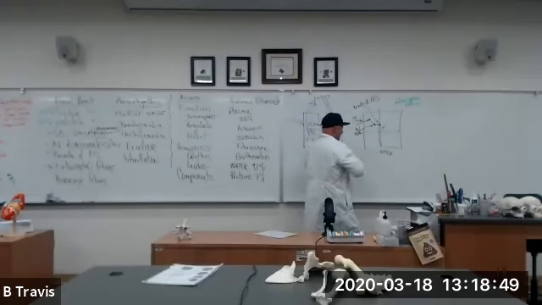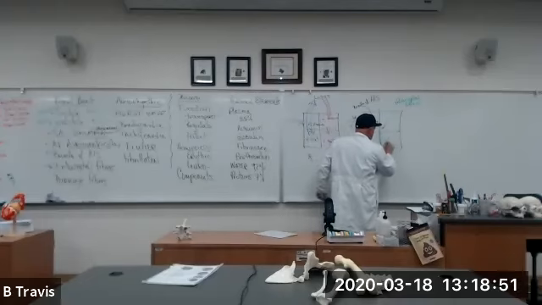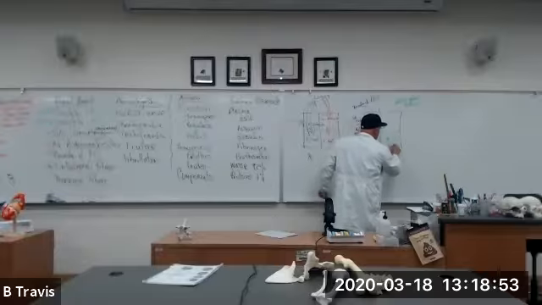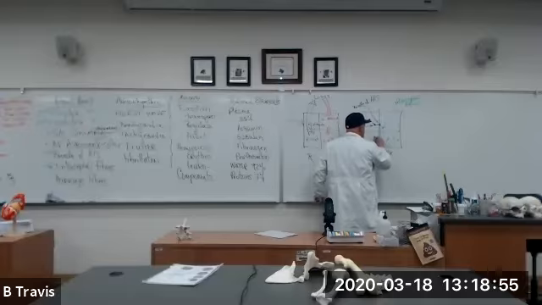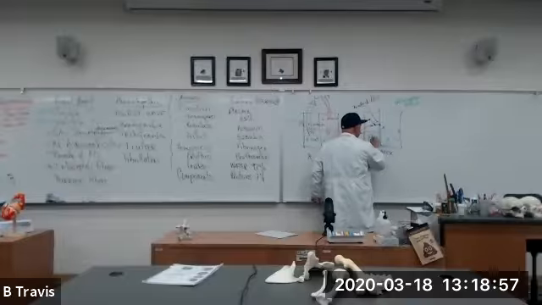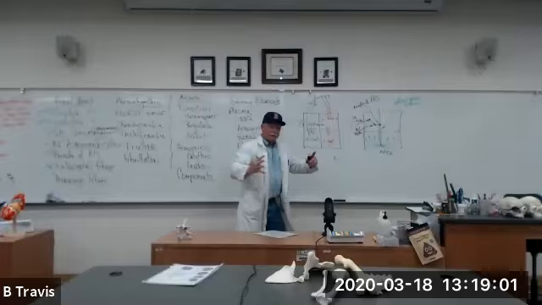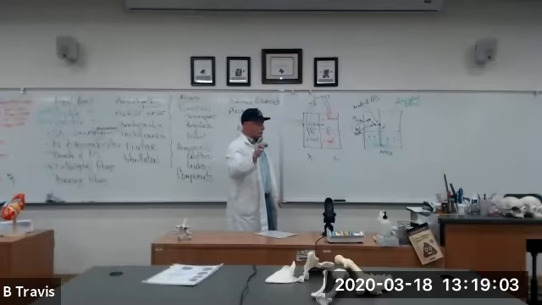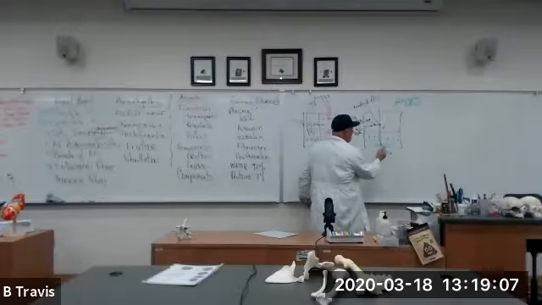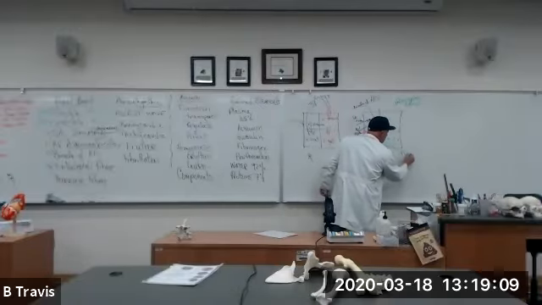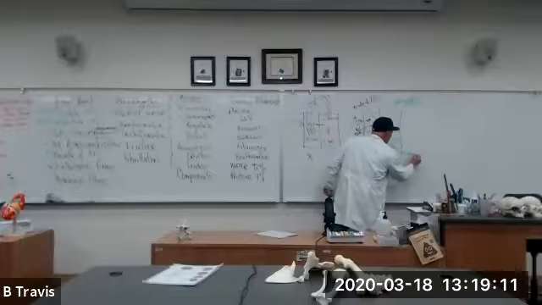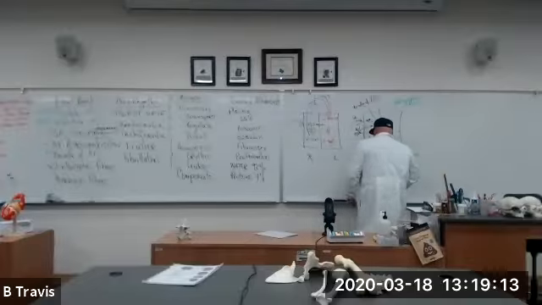From there, it sends depolarizations, we'll just use the word electricity, throughout the ventricles. And we talked about this through the intercalated disc is where the sodium travels. These are called Purkinje fibers.